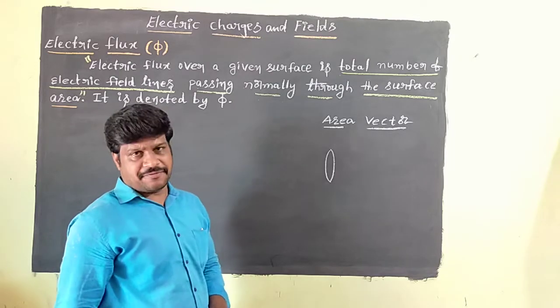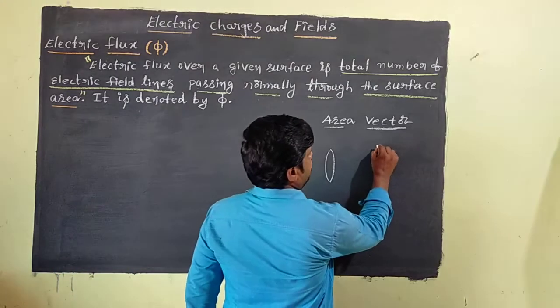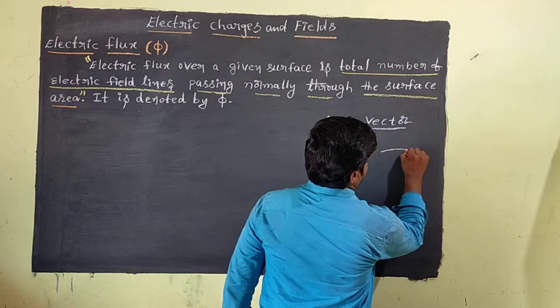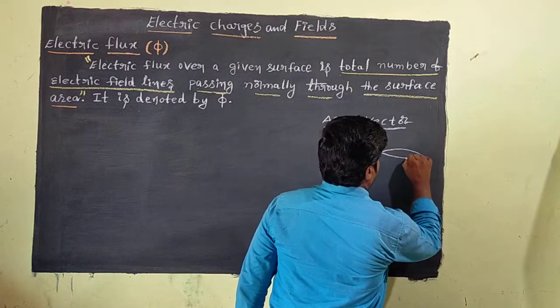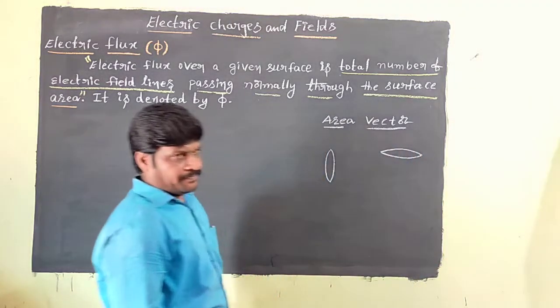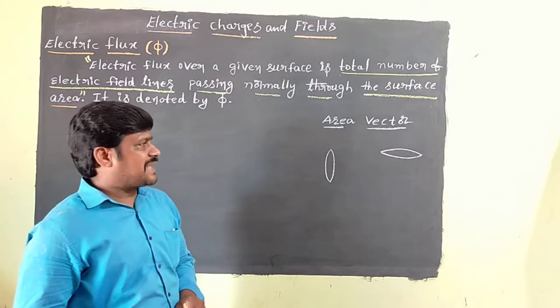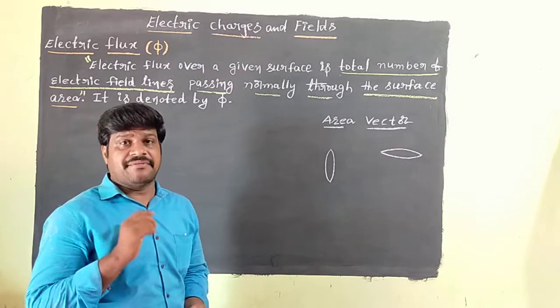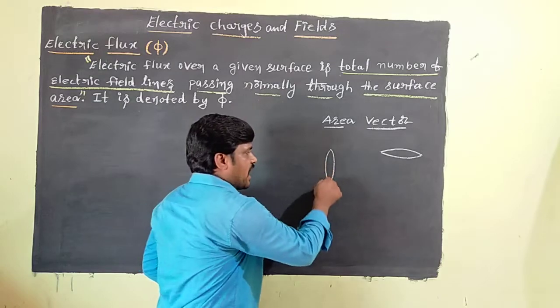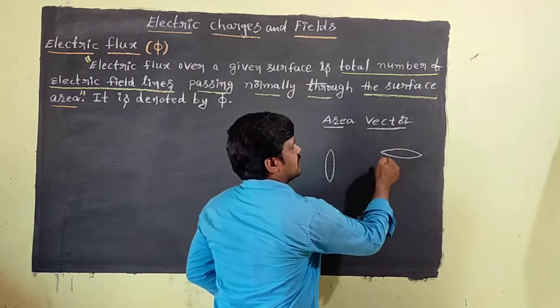For these two, what is the direction of the area vector?